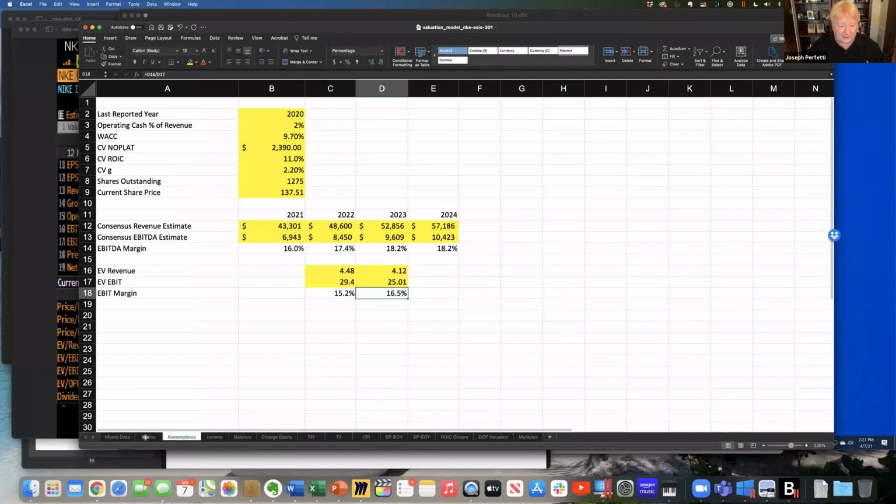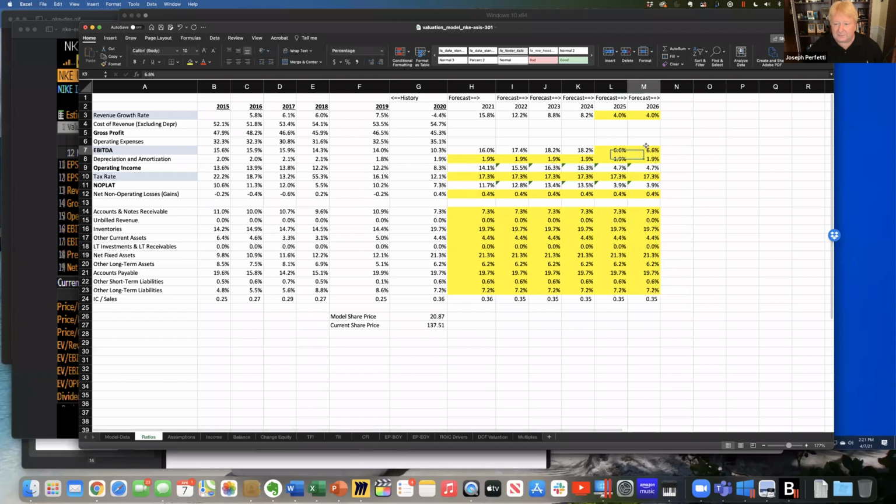So how do I get to 16.5? Well, basically, I'll make this 18.4. And this will be 18.3. I'll just smooth it out between those 2 years. So essentially, I change the EBITDA to change the EBIT margin or operating margin. Questions about what I just did?